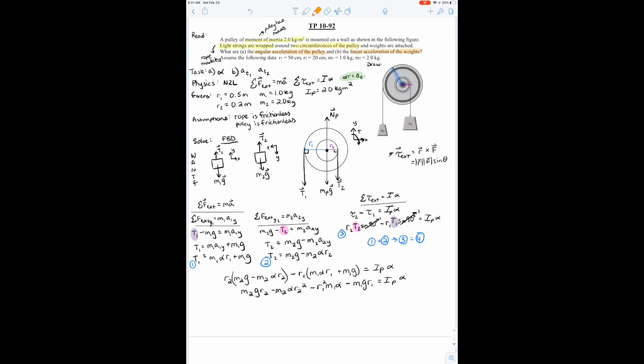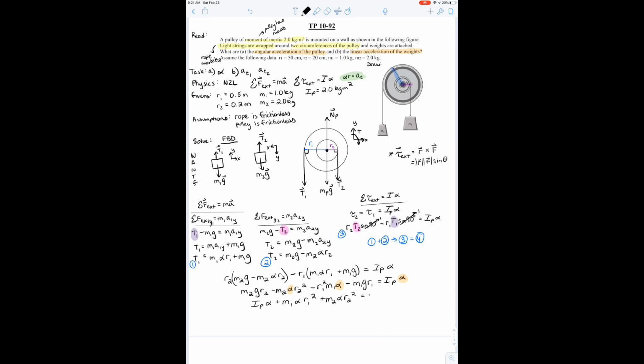Okay, so the quantity I'm looking for is angular acceleration for part A. So I got all of these nice angular accelerations. I'm going to combine them all together. I'm going to put them on the left-hand side and then put everything else on the right-hand side. So I have the rotational inertia of the pulley times angular acceleration plus mass 1 times angular acceleration r1 squared plus mass 2 angular acceleration r2 squared.